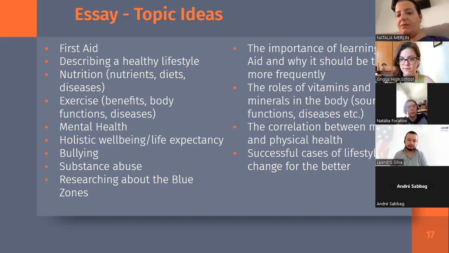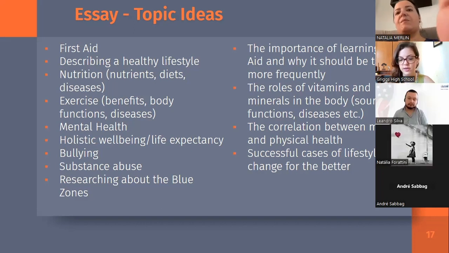Loma Linda in California, an Adventist community, Okinawa in Japan, Sardinia in Italy, Ikaria in Greece, and Nicoya in Nicaragua. They have the highest life expectancy, and it's about diet, lifestyle, exercising, sense of community, all of that.